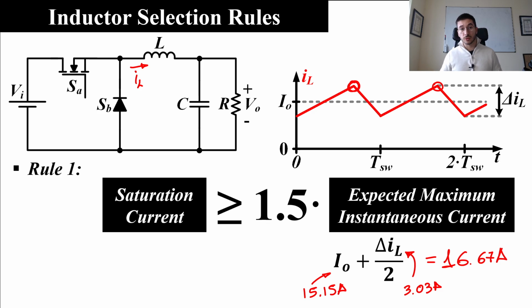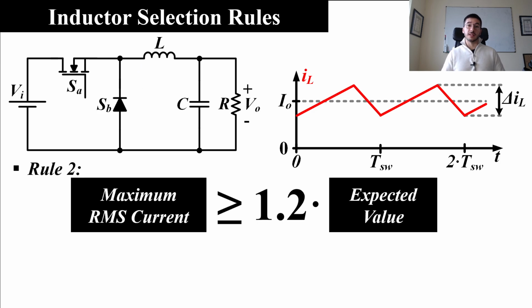We multiply this quantity by 1.5 and we get 25 amps. So basically we need an inductor whose saturation current must be equal or higher than this quantity.